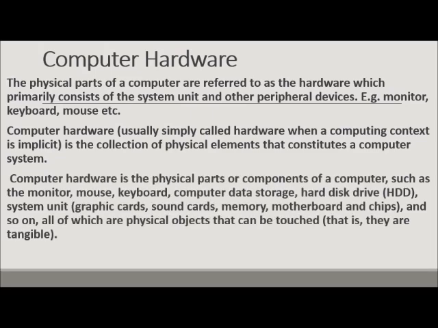Computer hardware is the physical part or components of a computer, such as the monitor, the mouse, the keyboard, computer data storage, hard disk drive, system units such as the graphic cards, sound cards, memory, motherboard and chips, and so on. All of these are physical objects that can be touched. That is, they are tangible.